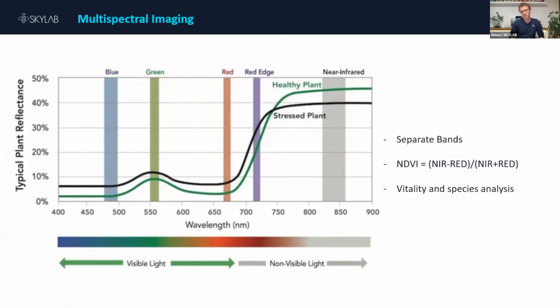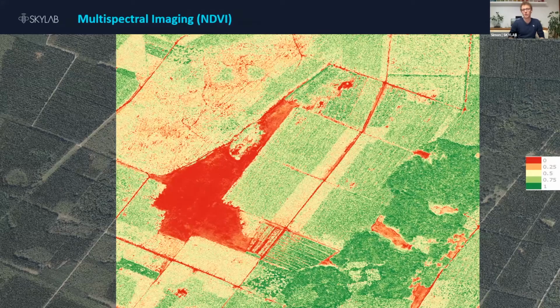On the left-hand side, we can see the visible light, and the reflection in green of healthy and stressed plants has a peak, but the peak is much higher in the red edge or the near infrared band. With that, we can create NDVI maps, vitality maps, and look at forest vitality.